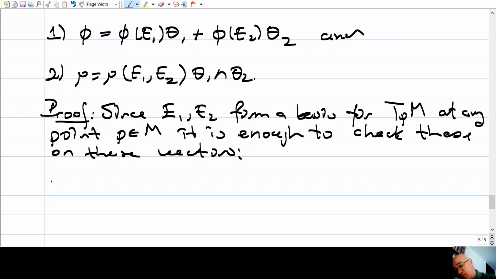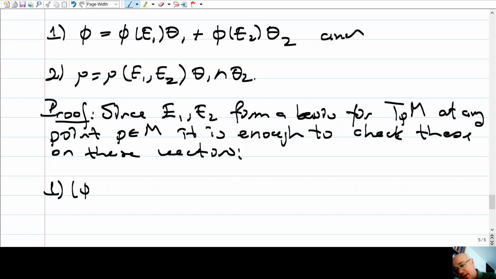So, for example, for the first one, I'll just compute. This is a one form, this is another one form. These are just coefficient functions. I will just show that these two forms agree on the basis vectors E1 and E2.